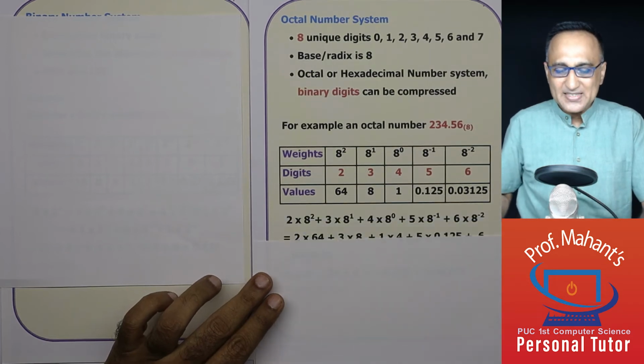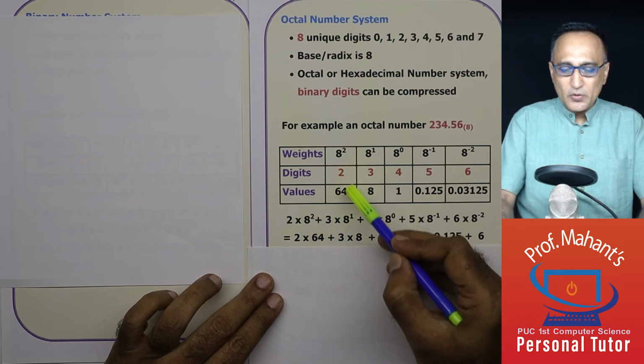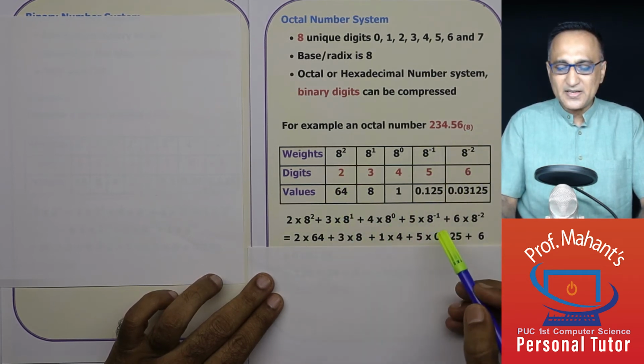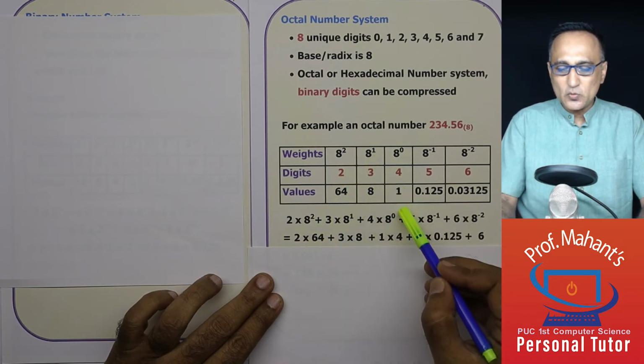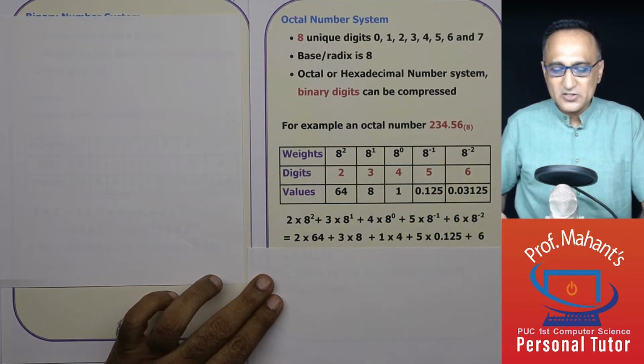Now it is quite easy. If I multiply 2 into 8 squared or 2 into 64, I am going to get the sum of this number in decimal. 2 into 8 squared plus 3 into 8 raised to 1, 4 into 8 raised to 0, 5 into 8 raised to minus 1 plus 6 into 8 raised to minus 2.